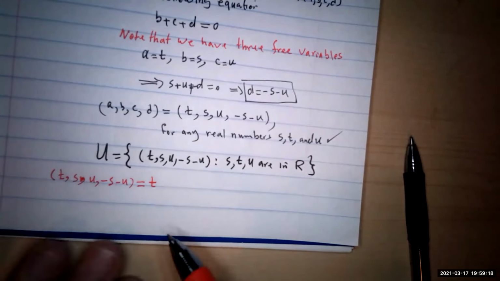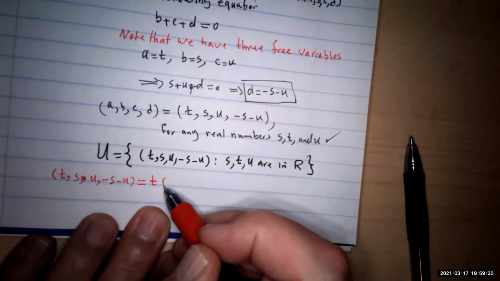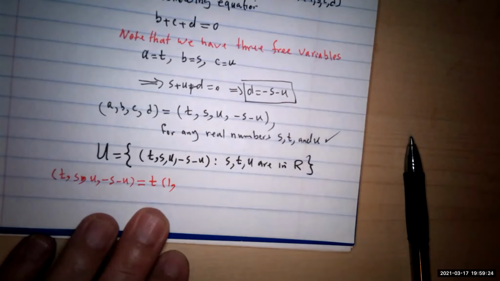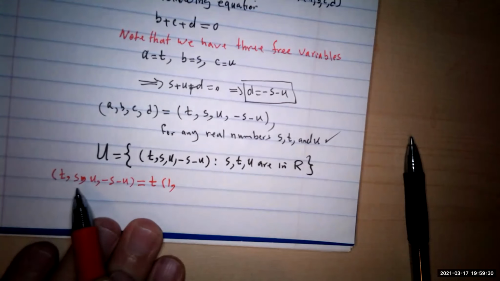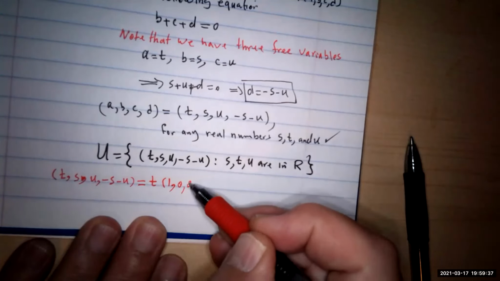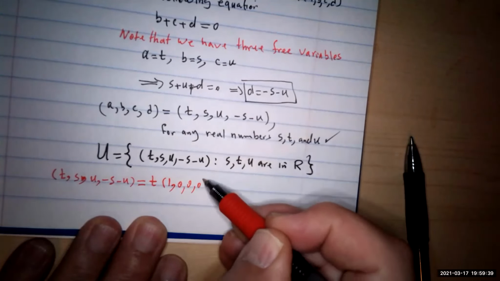So you replace the T by 1 and everything else by 0.